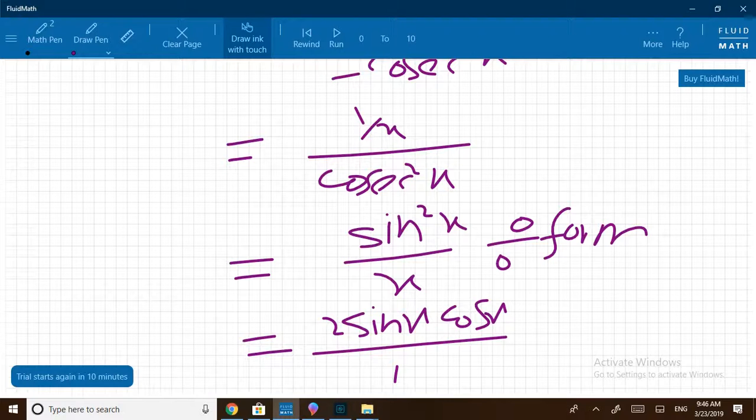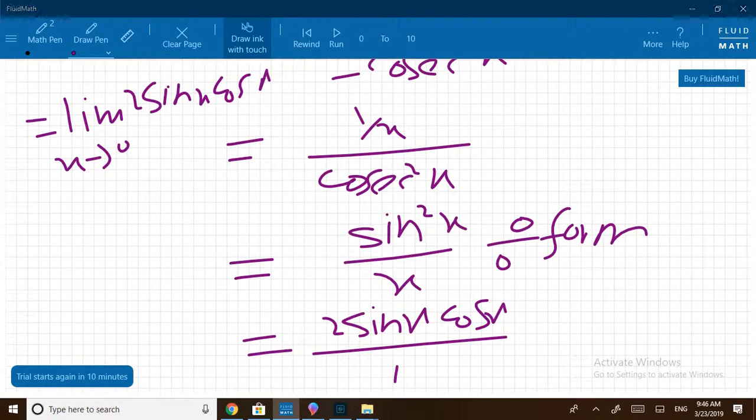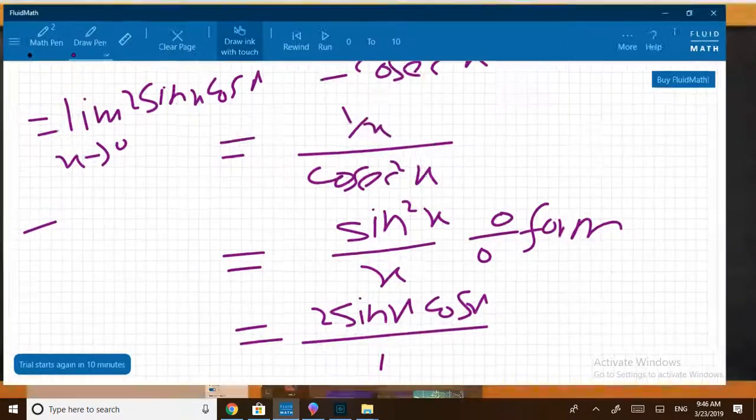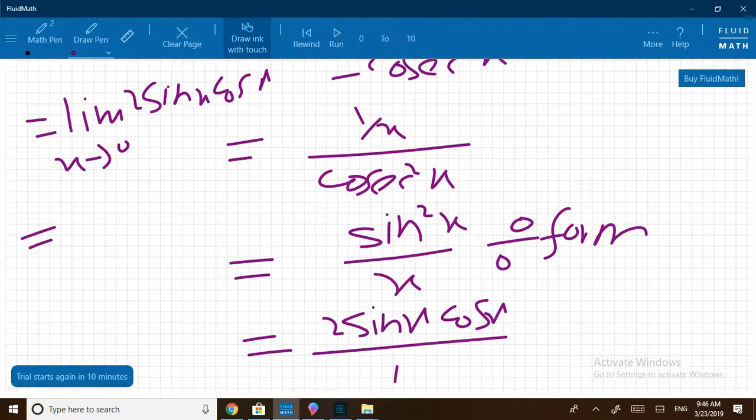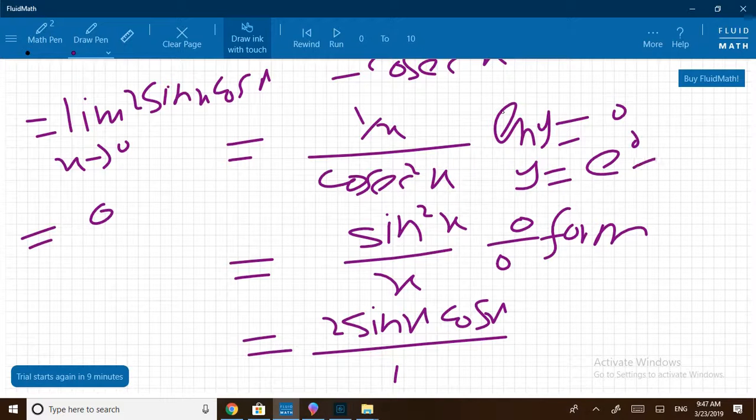So after applying the limit as x approaches to 0 of 2 sine x cos x, since sine 0 is 0, this will be 0. That means natural log of y is equal to 0. So y is equal to e raised to the power 0, which is equal to 1.